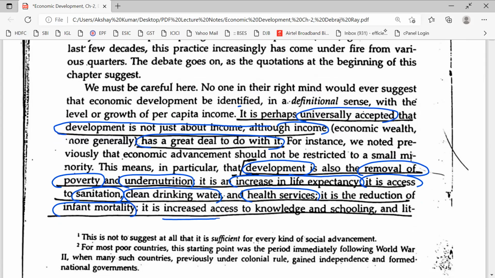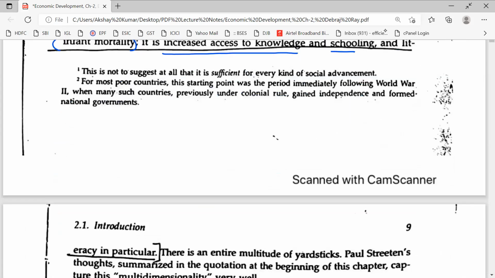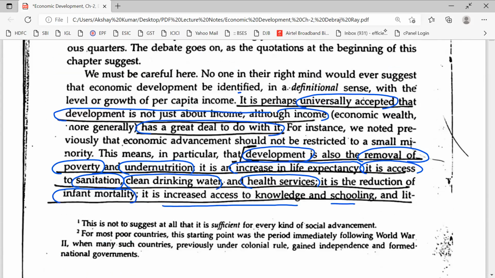It is increased access to knowledge and schooling and literacy in particular. So what is this whole point telling us? Income is not the only parameter through which you can evaluate development. Development also talks about various other social indicators, how the social indicators are performing.